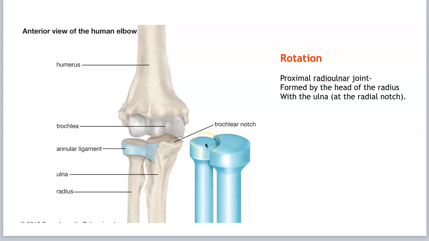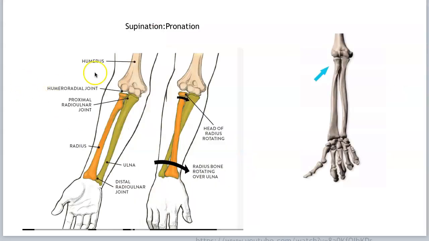And that ability to rotate in this radial notch of the ulna is going to give us an action that we call supination and pronation. So let's see what is going on.